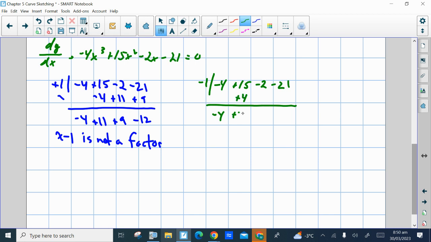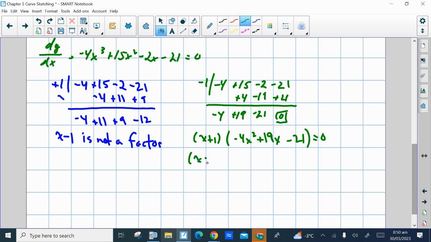We add and get positive 19. Negative 1 times 19 is negative 19. We add and get negative 21. Negative 1 times negative 21 is positive 21. We get our remainder of 0. So this shows not only is x plus 1 a factor, but also negative 4x squared plus 19x minus 21 is also a factor.